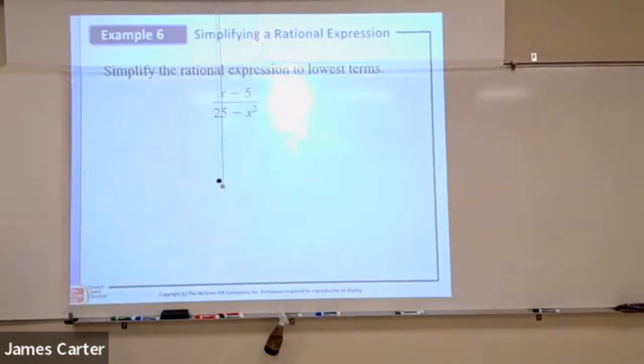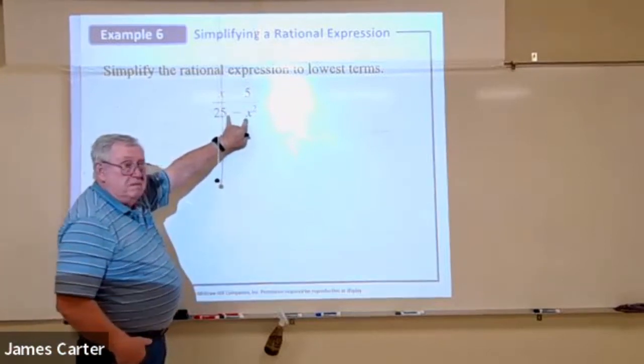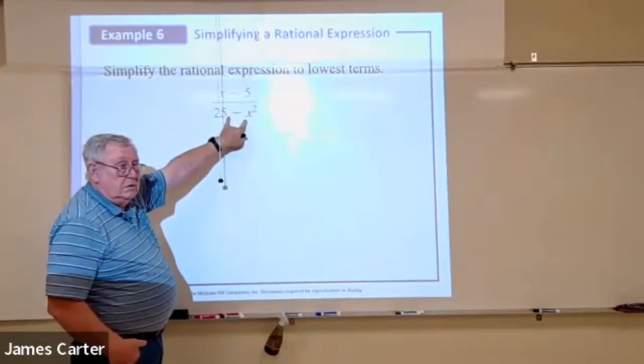Okay, there's something different in this one. I've got the number and the variable reversed sign-wise. Instead of an x squared minus 25, I've got 25 minus x squared. This is still a conjugate, even though it's backwards in order.